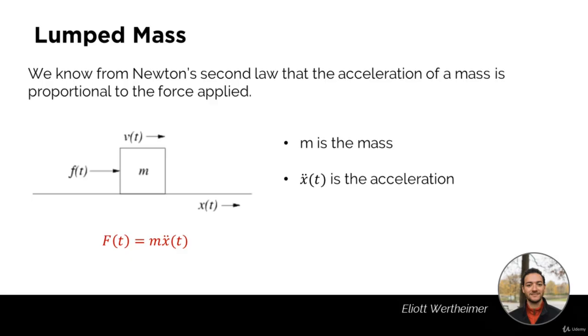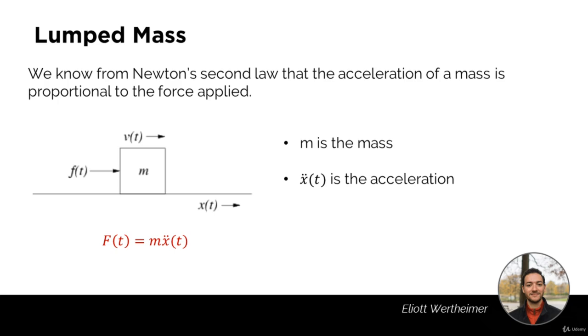So we can express mathematically the situation with the following equation. Force with respect to time equals mass multiplied by the derivative of the velocity or the second derivative of the displacement, meaning the acceleration of the mass with respect to time.